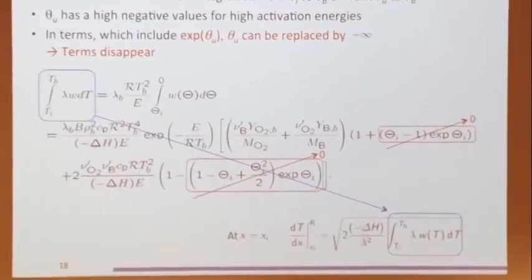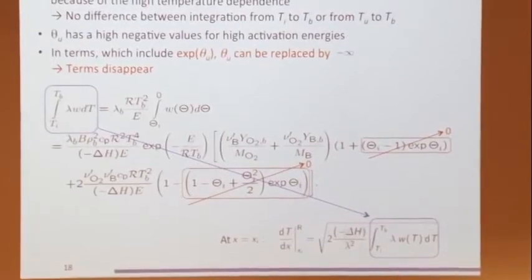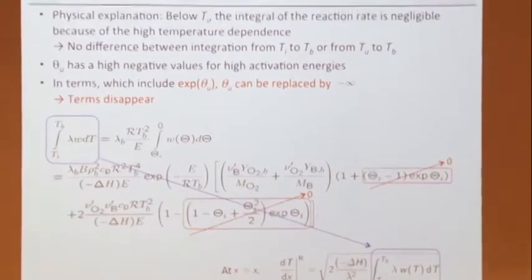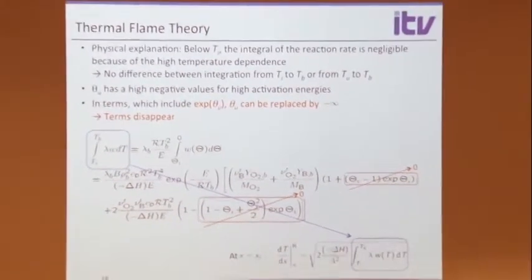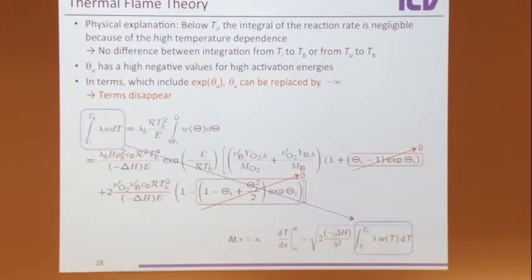I think this is written here on the next slide. Below theta_i, the source term evaluated at T_i is very small anyway, and if I replace it by the source term evaluated at T_u, it is basically the same thing. It is very small. So I can replace these.